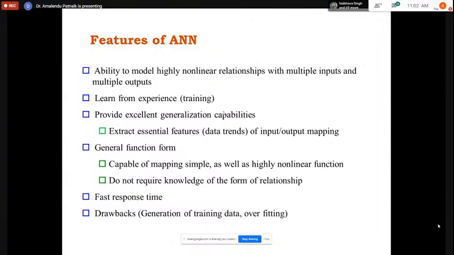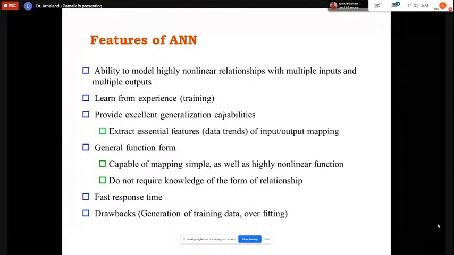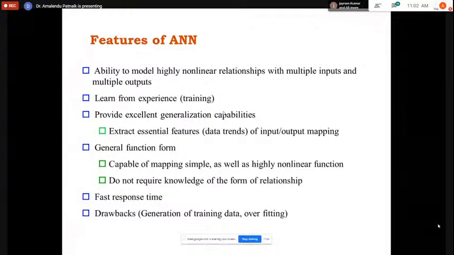In those cases, the computation time was very huge. To get a single result, hours of computation time were needed to find out a single parameter of the antenna. So in contrast to that, to avoid those large computation times, people started using neural network techniques.